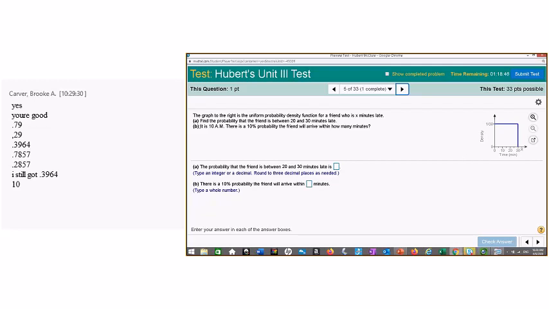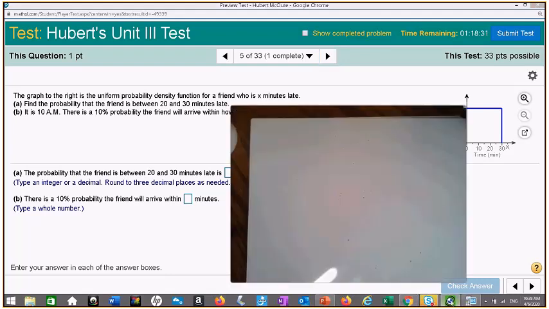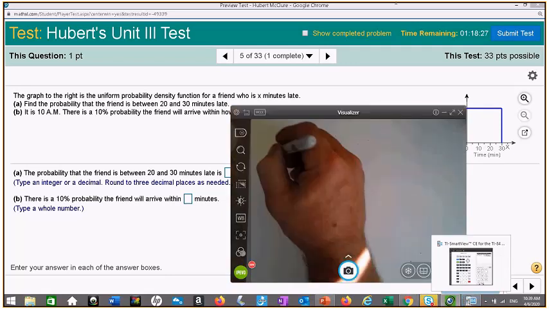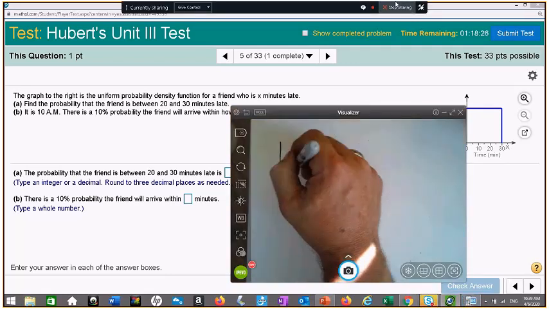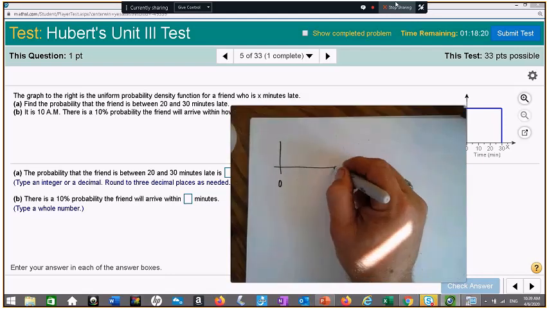It's 10 a.m., 10% probability, so that means 10 is going to be equal to, now I'm not used to that one, so I'll show you that one. Okay, so the first one, y'all should be able to do the first one. Just draw your, and we got 0 to 30, 0 to 30.